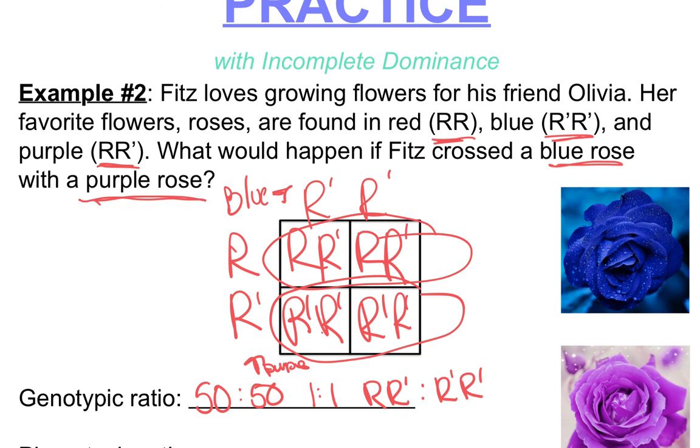And then the phenotype ratio is going to be 50 to 50. That's a 1 to 1, or half of the offspring will likely be purple, and the other half are going to likely be blue. Notice how we didn't make any red offspring.